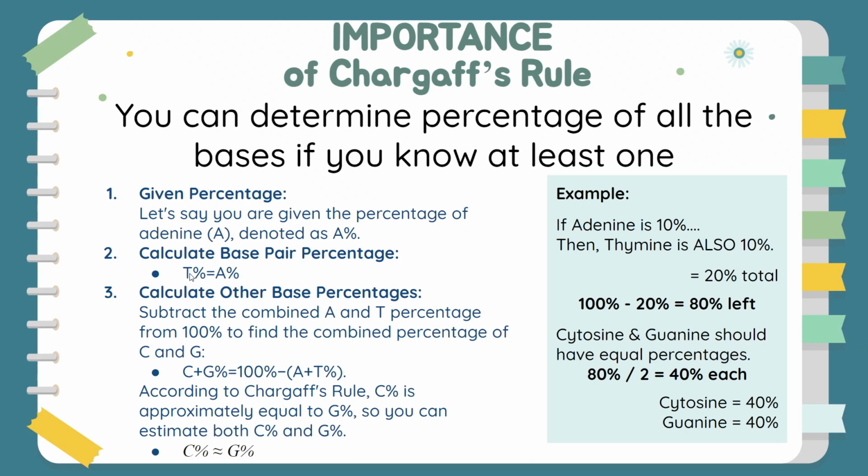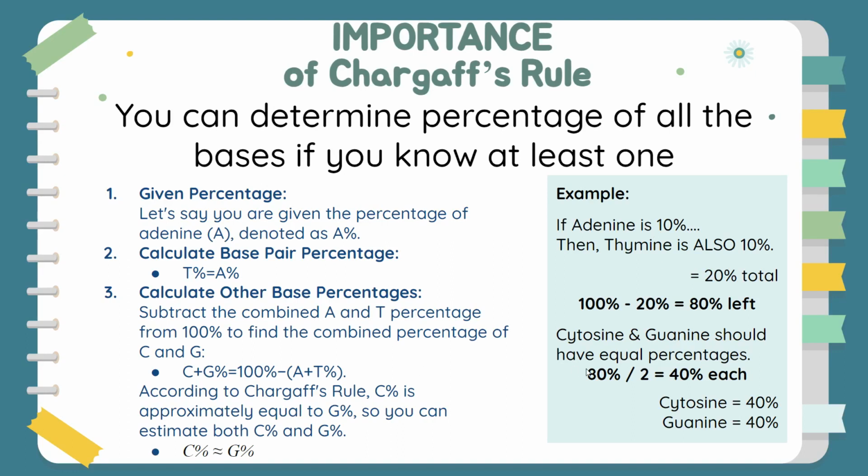From there, you can subtract that combined percentage from 100. So 100% minus that combined percentage would give you the percentage of your leftover bases. These leftover bases are approximately equal to one another, so we can estimate the amount of both by simply dividing that number by 2.